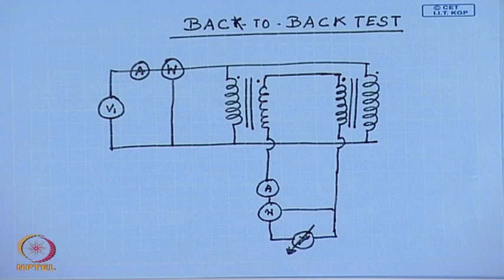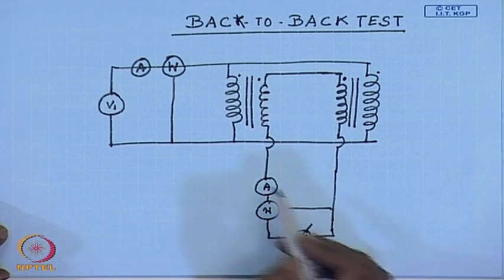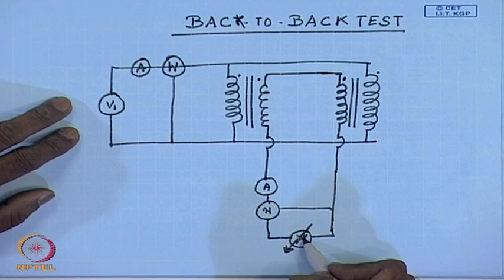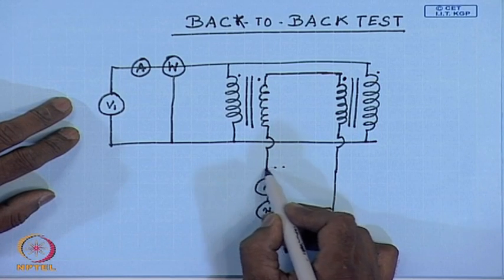So, how do you subject the transformers to simultaneous core loss and copper loss? It is like this. Let us apply the superposition theorem. Let us assume one source at a time. So, we replace this by a short circuit.